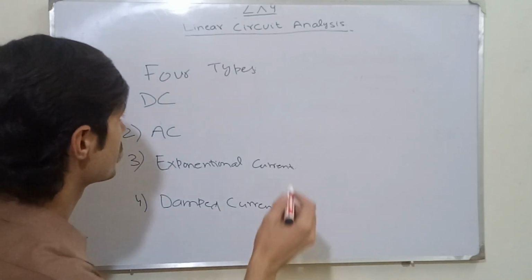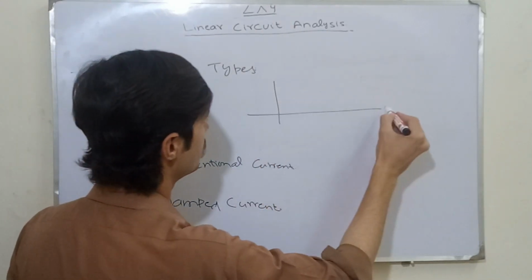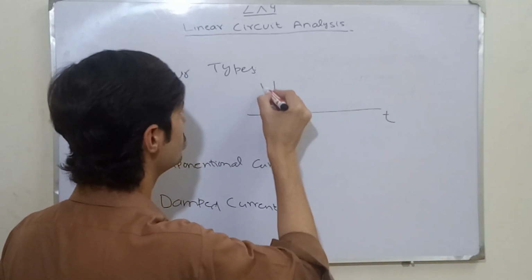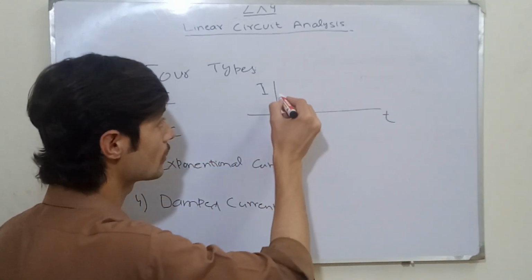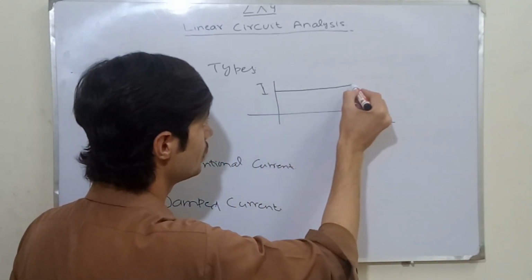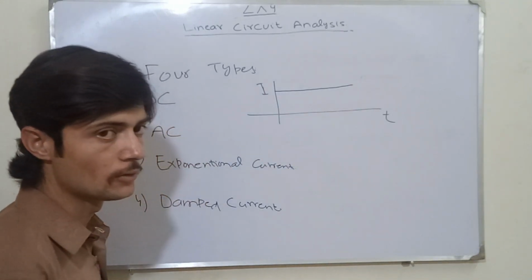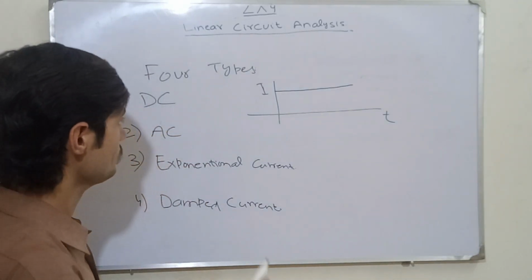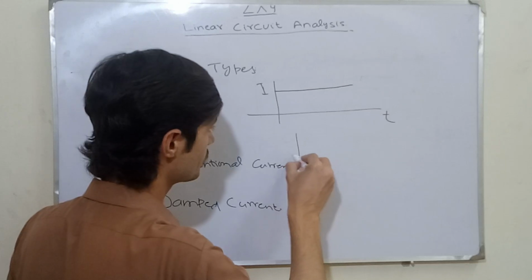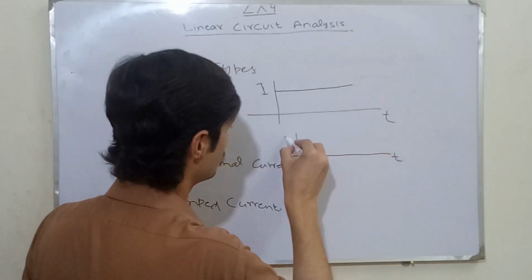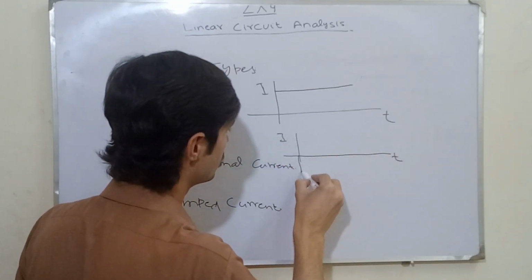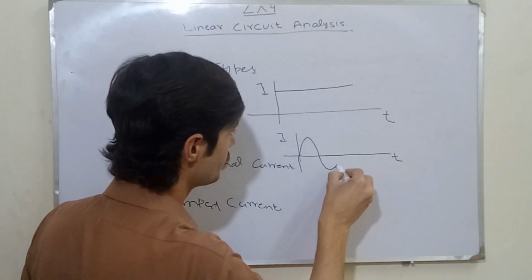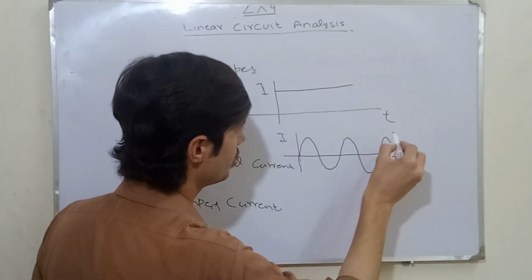Their waveforms with respect to time: DC current is always constant, a horizontal straight line, while AC current, when we plot this, is sinusoidal alternating.